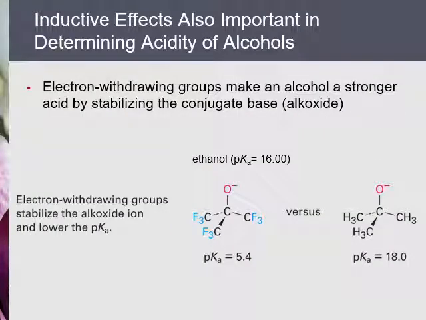Electronegative atoms or electron withdrawing groups take electron density away from the negatively charged oxygen through carbon-oxygen and carbon-carbon bonds, and this is called the inductive effect. Compared to the right side molecule, in the left side molecule all hydrogens are replaced by fluorine.